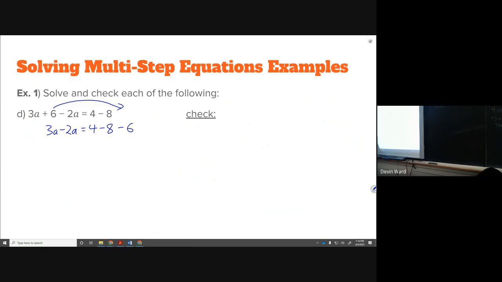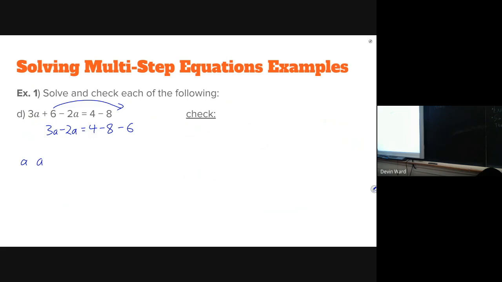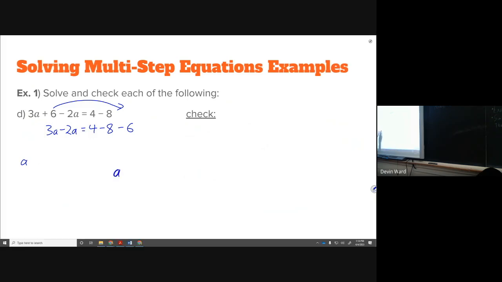3a's minus 2a's, so if I have a, another a, another a, so I have 3a's, I get rid of these two, they go bye-bye, I'm just left with 1a. So just have a by itself, because remember, same thing as 1a, but you don't need to put the 1 there.